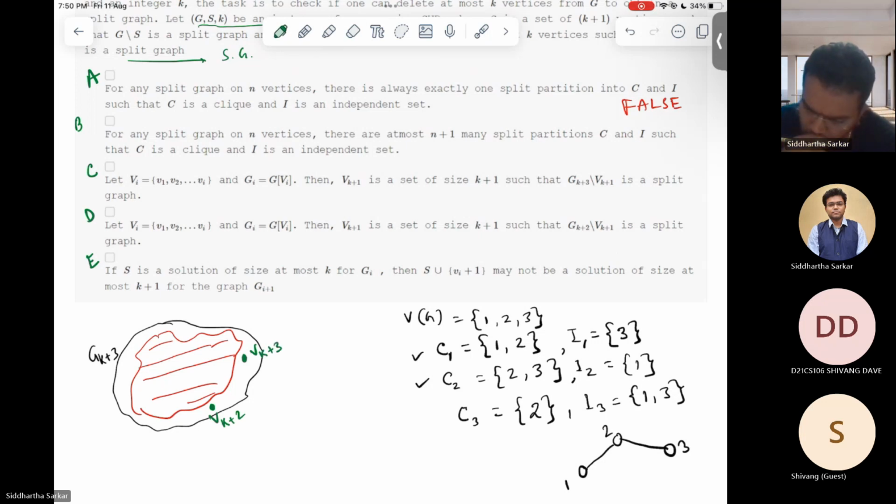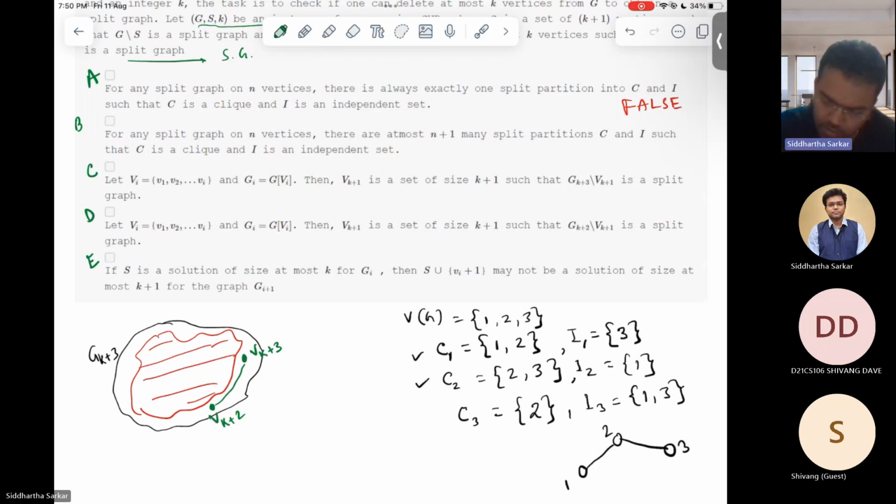Right? And because you have removed these k plus 1 vertices, all the edges incident to these first k plus 1 vertices are also removed. So all the edges that are left are between v k plus 2 and v k plus 3 only, right?